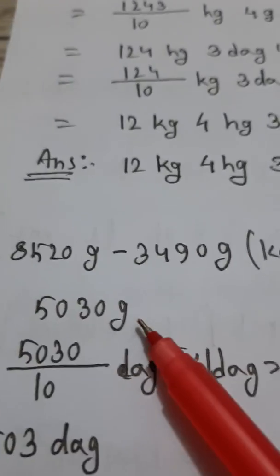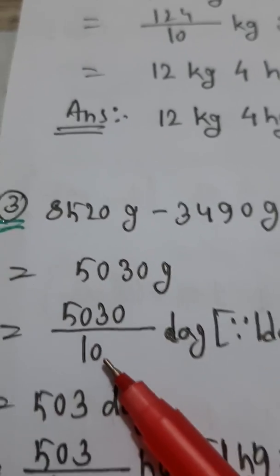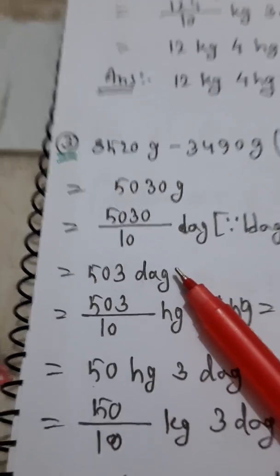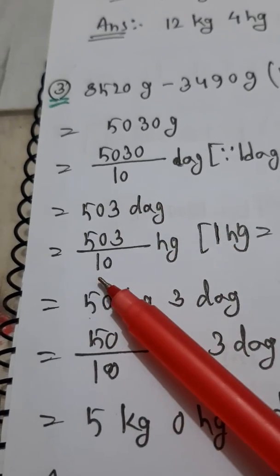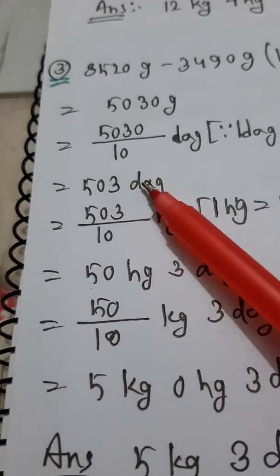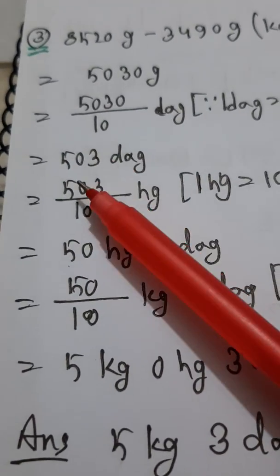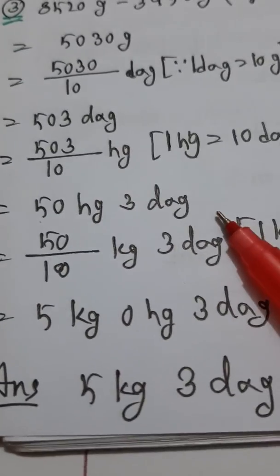At first gram to decagram, so we divide by 10. We get 503 decagram. Then decagram to hectogram, we divide by 10. We get the answer 50 hectogram and 3 decagram.